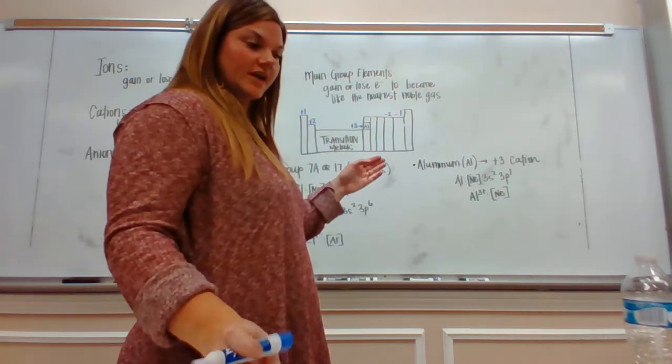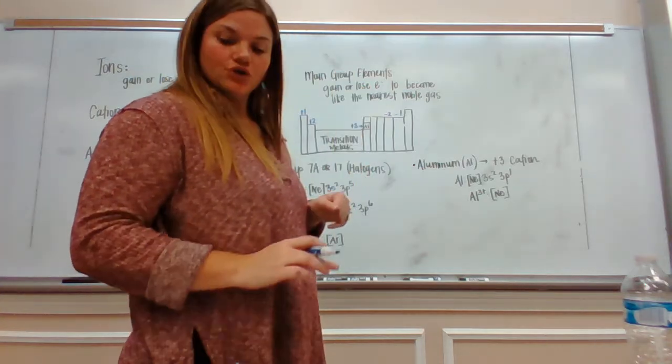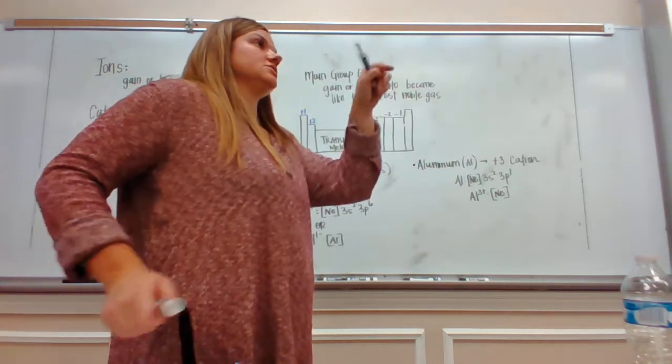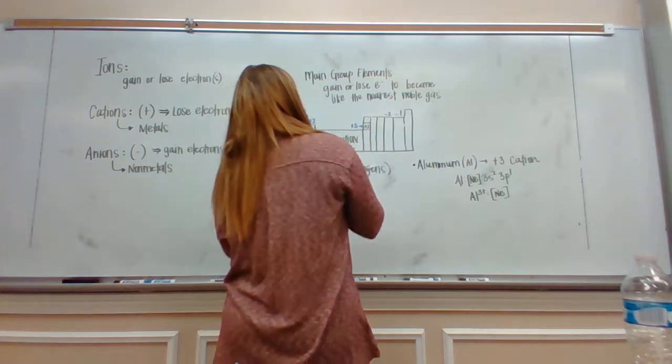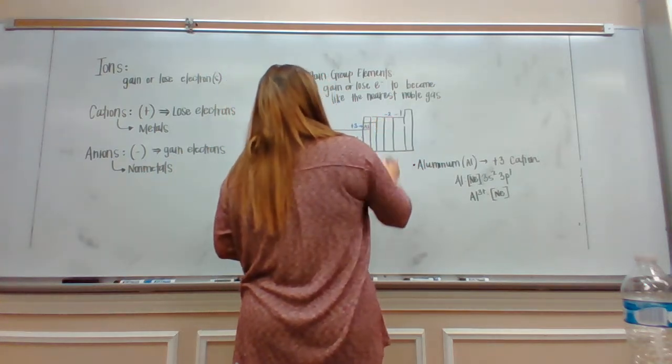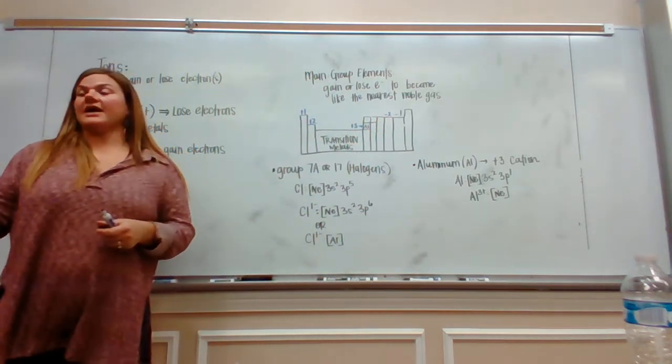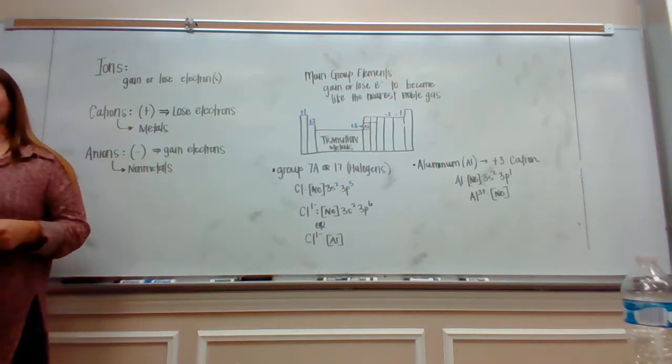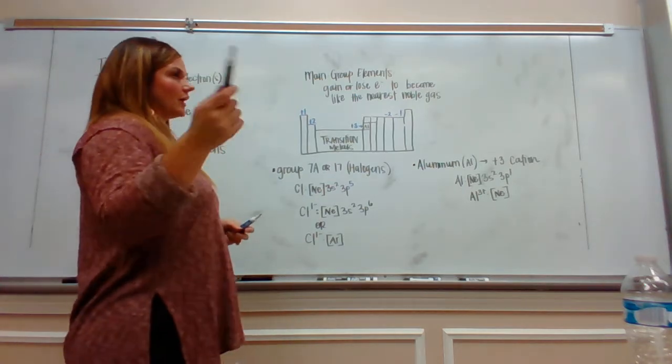Alright, if I move to the next group, where oxygen, sulfur, selenium, etc. are, they're 2 places away from a noble gas, so they're going to gain 2 electrons to be like the noble gas right after them.